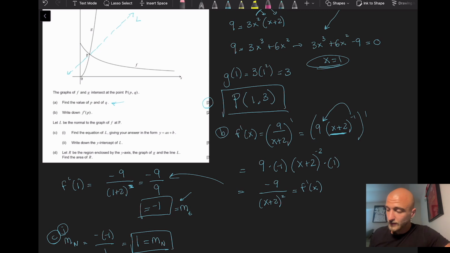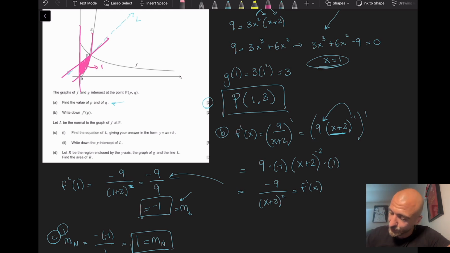So the region R is enclosed by the y-axis, which is here, the graph of g, and the line L. If we draw all these, where do those three intersect? They intersect right here.